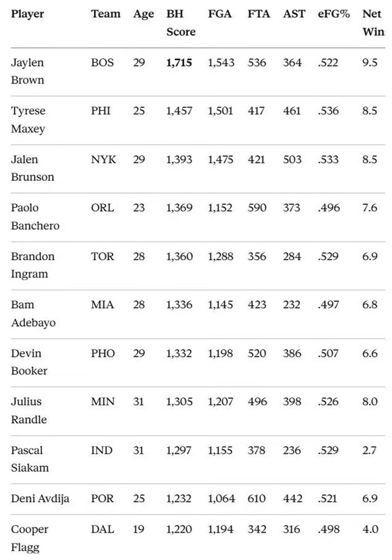The efficient side, where the players are high volume but don't qualify as ball hogs, are Luka Doncic, Shai Gilgeous-Alexander, Kevin Durant, Anthony Edwards, Kawhi Leonard, Donovan Mitchell, and Wemby.